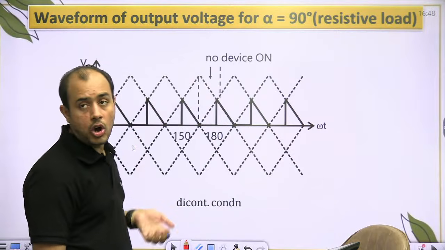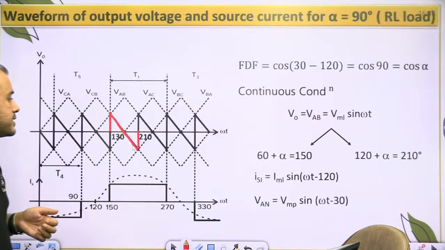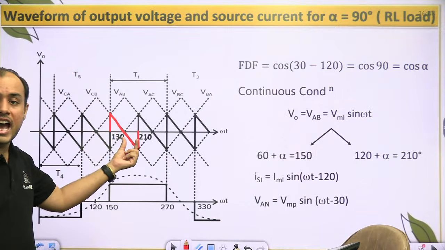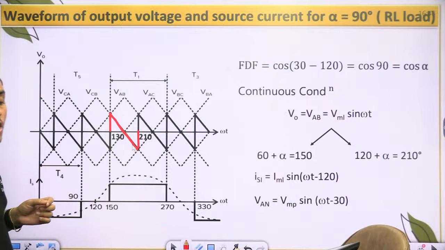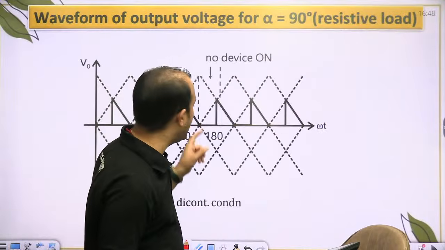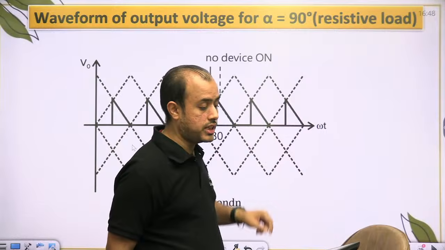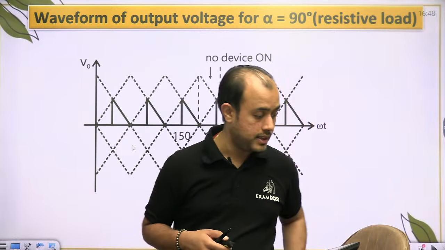But when you talk about alpha 90 for a resistive load, you cannot have these negative peaks. R load does not allow negative portion in the V naught, so that negative portion will be clipped. Just a moment.